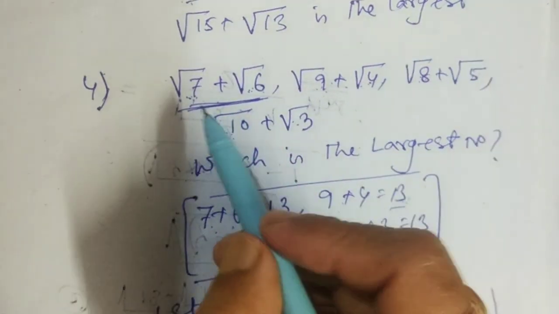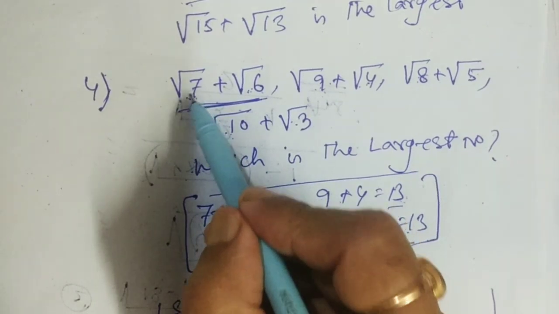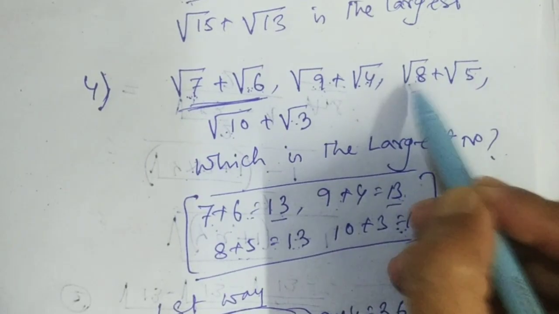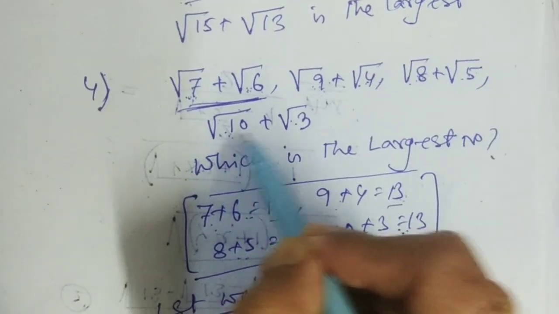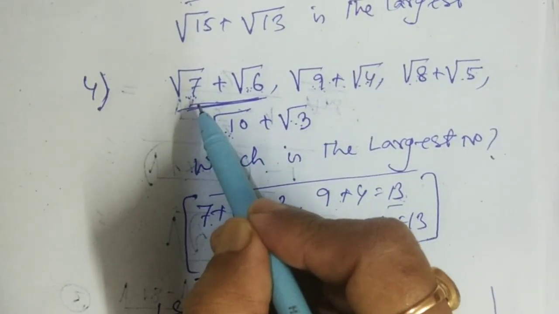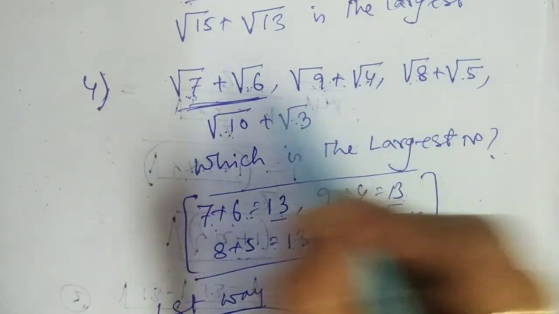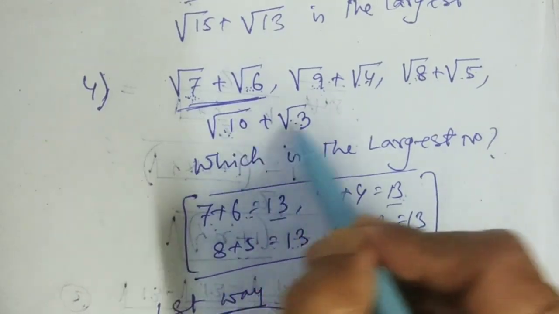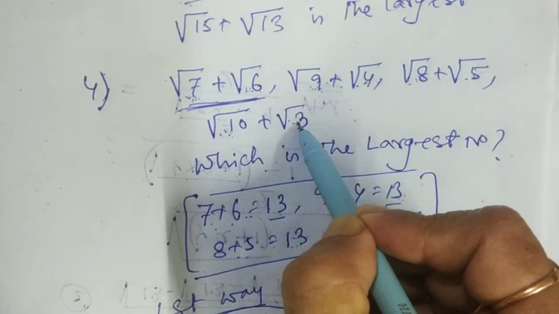Is it clear? Again I am telling. First, root 7 plus root 6, root 9 plus root 4, root 8 plus root 5 and root 10 plus root 3, all are 13. Because 7 plus 6 is 13, 9 plus 4 is 13, 8 plus 5 is 13 and 10 plus 3 is 13. So what to do?